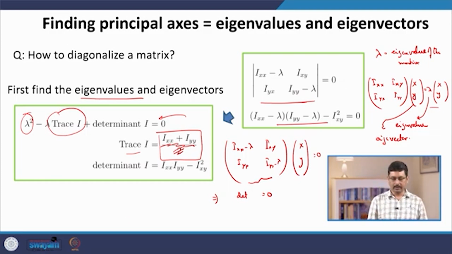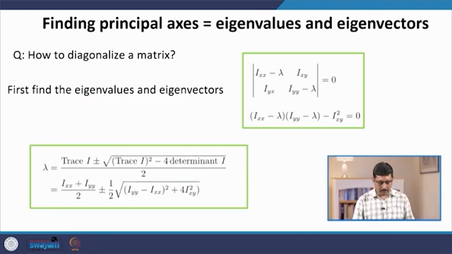It is a property of the matrix that if we rotate by angle theta, the trace remains the same, and the other quantity is this particular combination, called the determinant of this matrix, which is another invariant. So, the trace and determinant are invariant under the rotation. Then we can solve this quadratic equation and write down these eigenvalues.